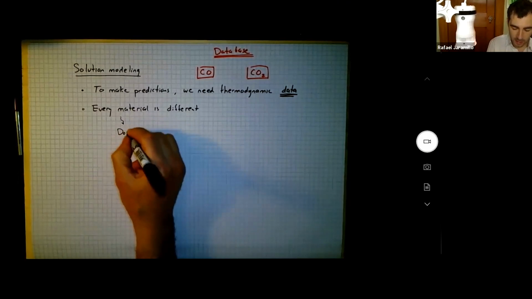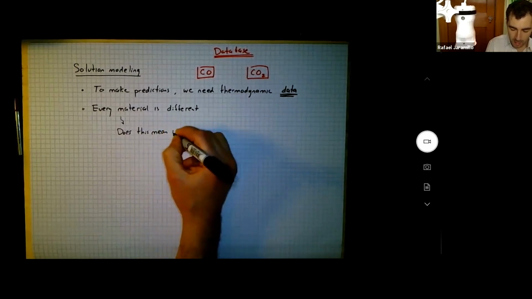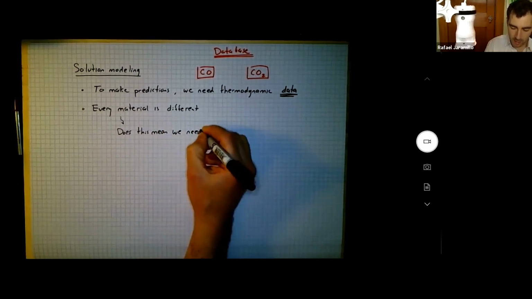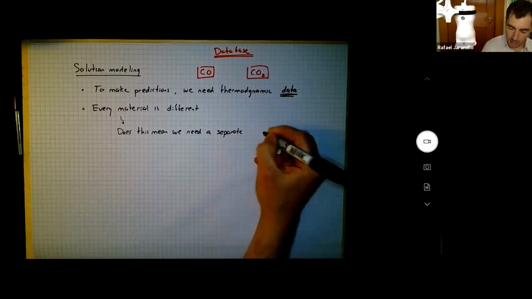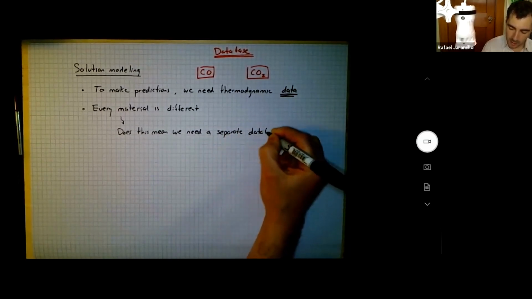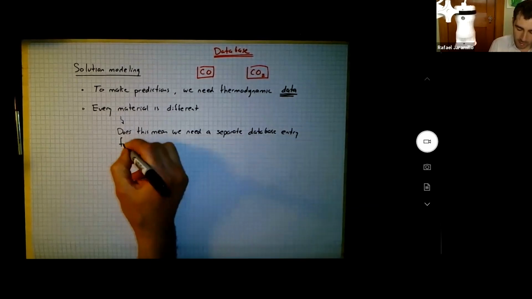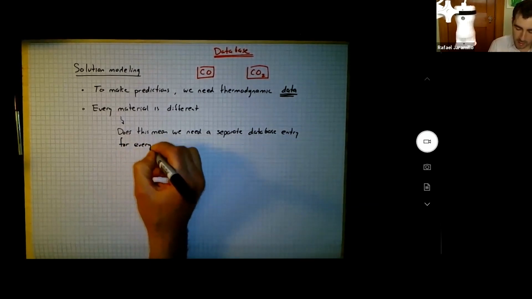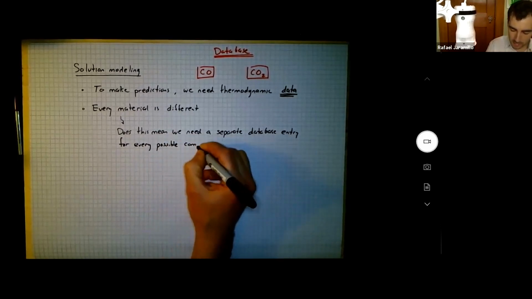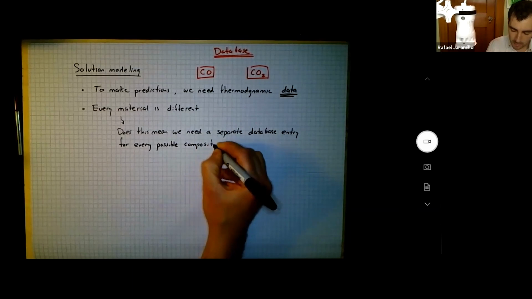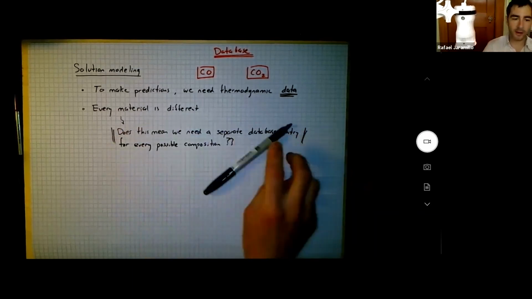Does this mean we need a separate database entry for every possible composition? All right, so this is sort of a motivating question.